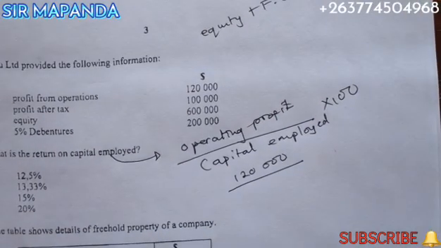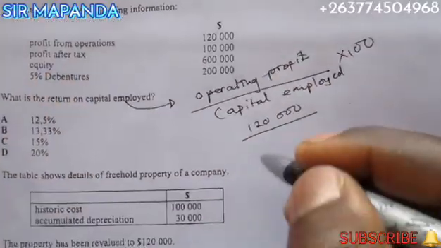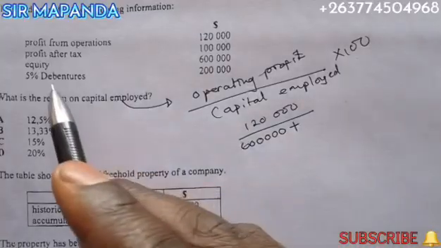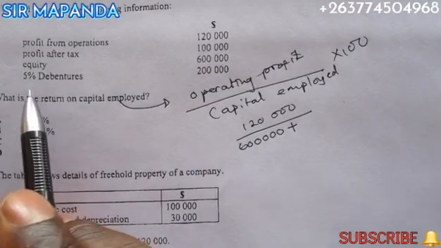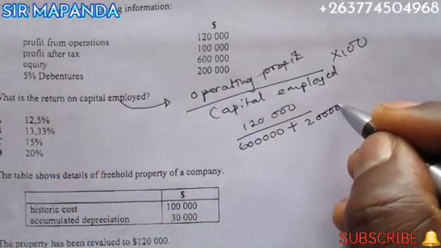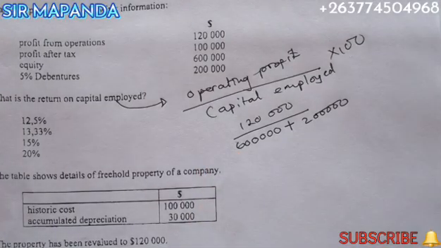So according to this question, we are using equity plus FCC since it is the given information. So the equity here is 600,000. Then fixed capital is made up of long-term loans, debentures, and preference share capital. So the long-term loan or the debentures is represented by 200,000. We don't have preference shares here. If we add preference shares, we're going to add the 2 to get the total FCC.